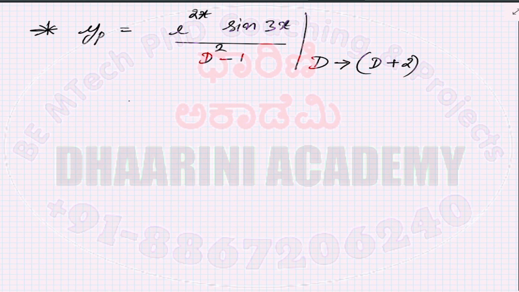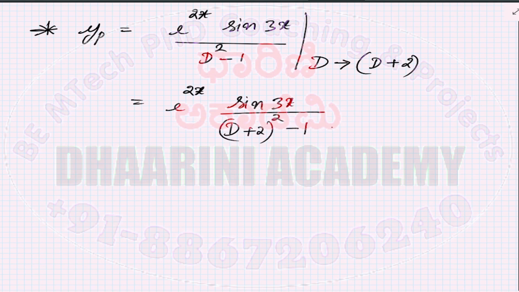Okay, now the e to the 2x has nothing to do with that. We have taken care of that. That's why we'll write the e to the 2x here into sine 3x divided by, the D square becomes D plus 2 the whole square minus 1.